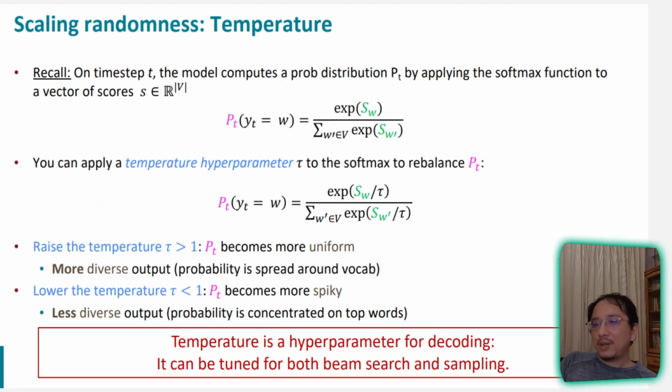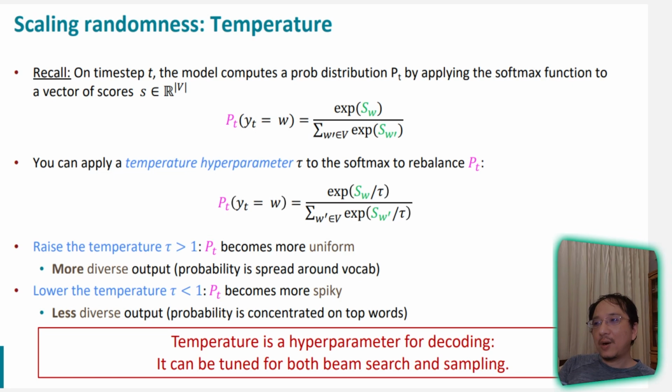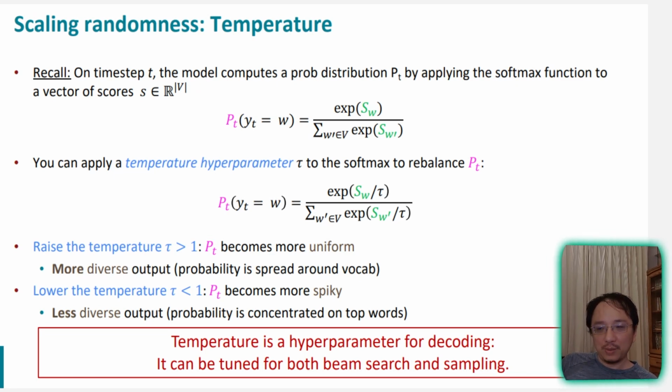Another common parameter that you can adjust when you do text generation is temperature. The idea of temperature is to scale the probability. We are still keeping the order of the probability, so if a word is more probable than another, after we scale it we don't change the order.